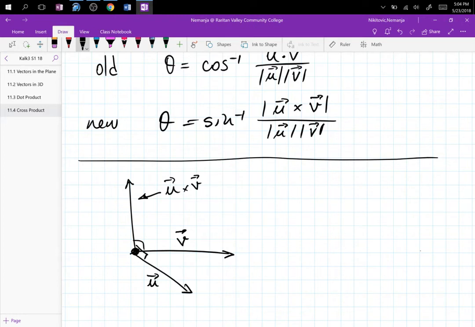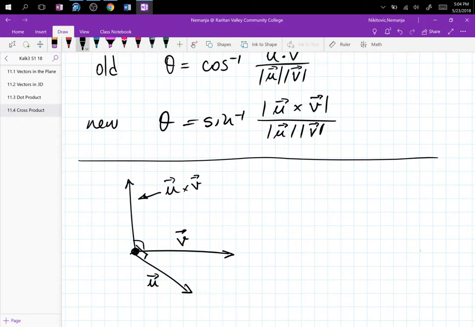And observe the right hand rule. As you wrap around the u cross v vector, so your thumb is pointing up in this picture, your fingers, as they bend around the vector u cross v, will first hit u and then will hit v, which is the reason why you have u cross v.